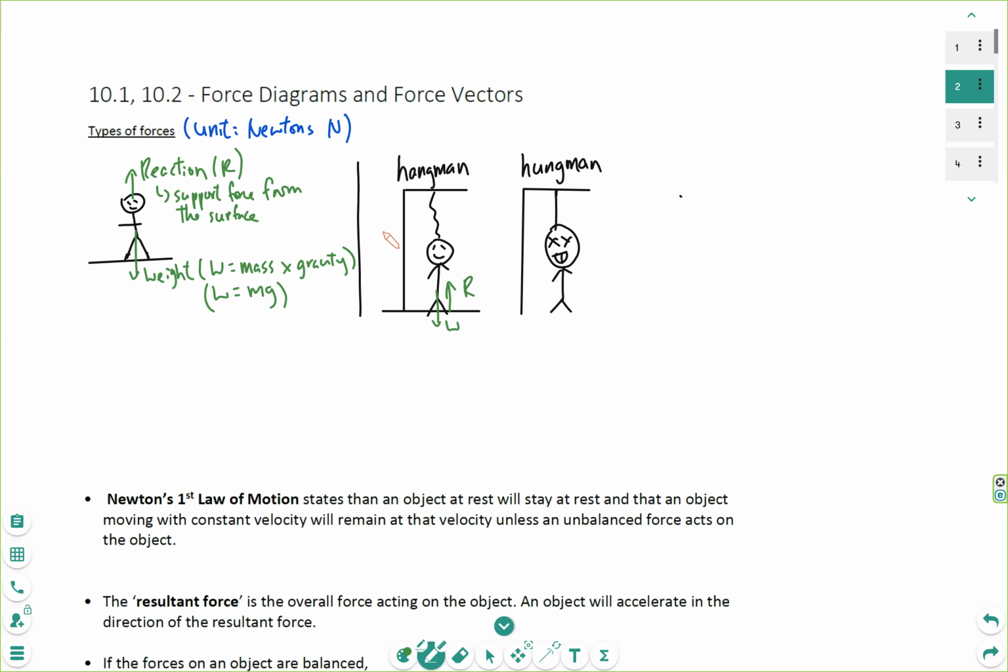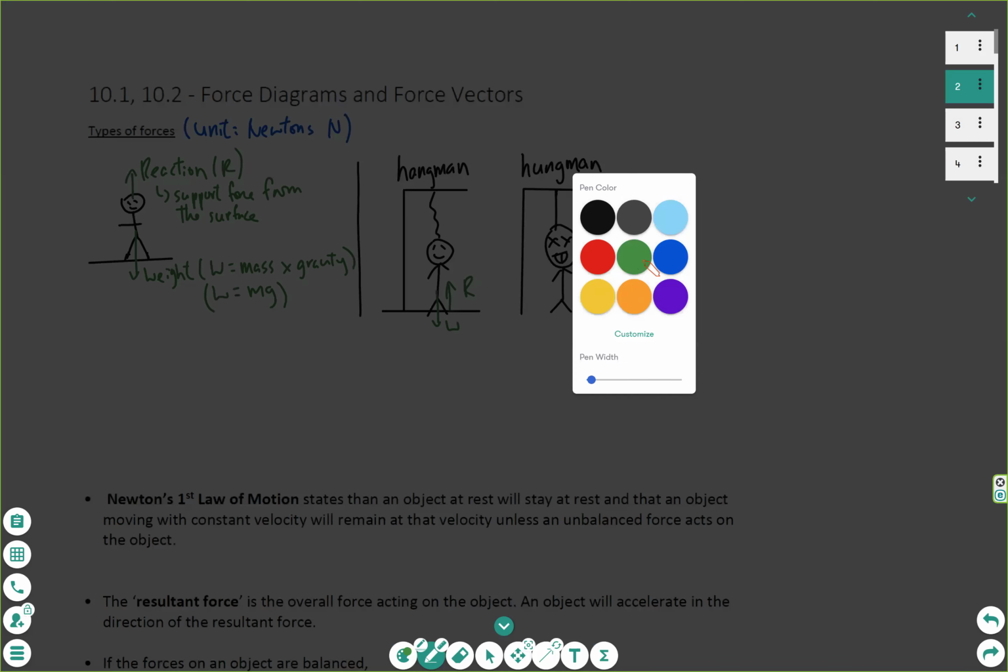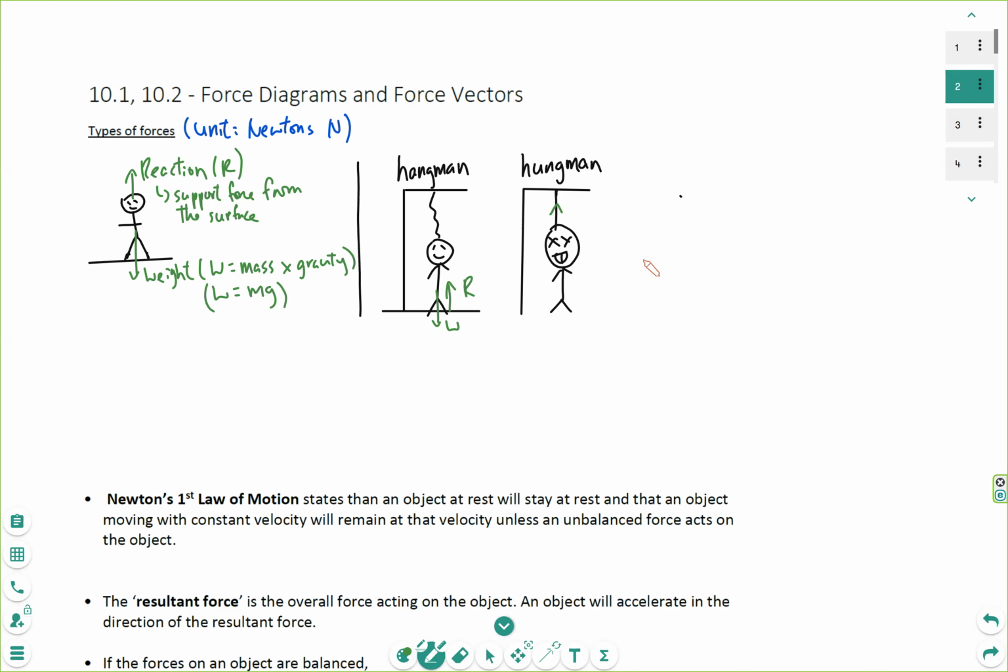Now what about when the person is hung? Then we have tension pointing upwards. Tension, so we use T. Tension from a string. And you still have the weight. So what kills the person? Technically, you could say it's the weight of the person that kills them.